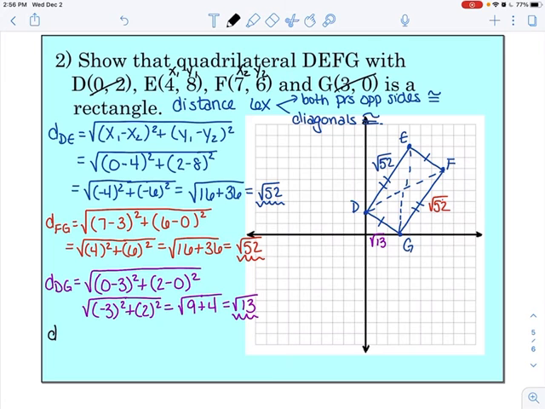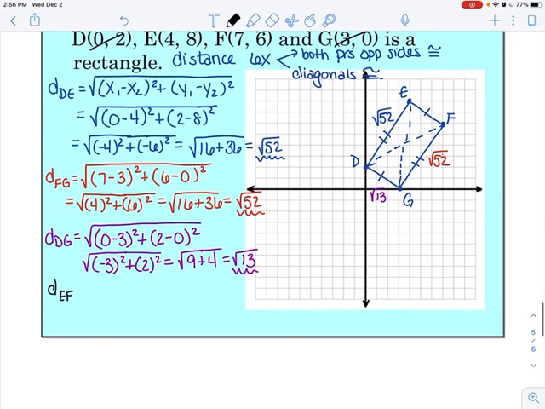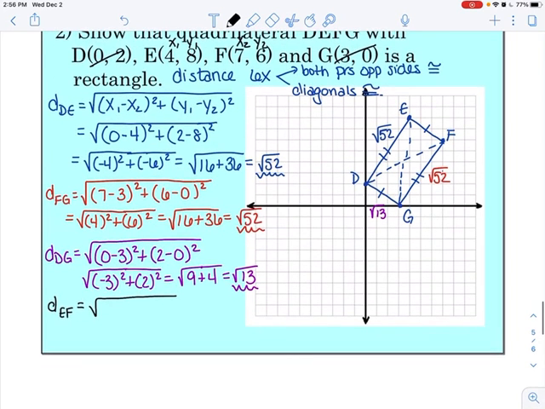So this is going to be the distance of EF now. Okay, so X1 is 4 minus X2 is 7. So I'm going to have 4 minus 7 squared plus Y1 is 8 minus Y2 is 6. So 8 minus 6 squared.